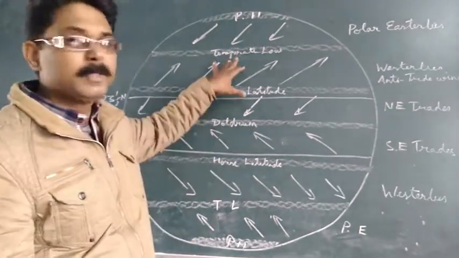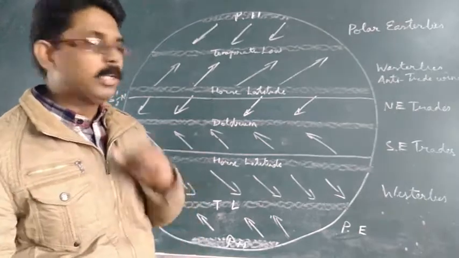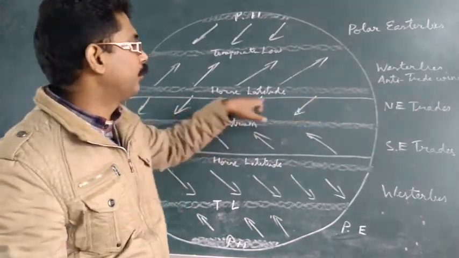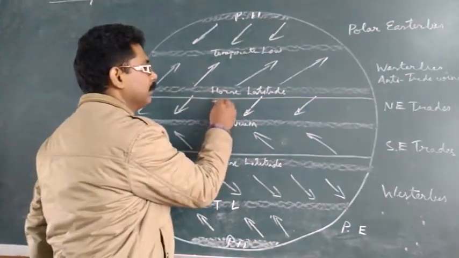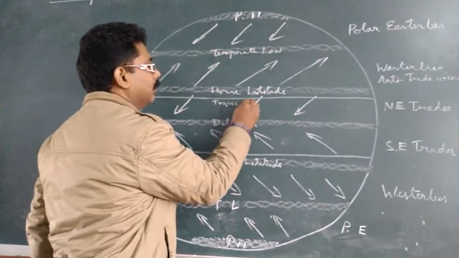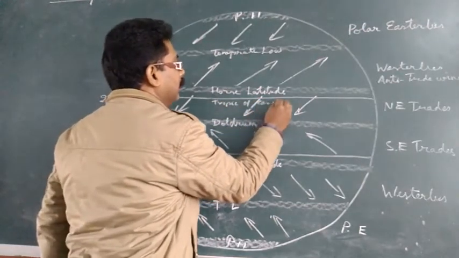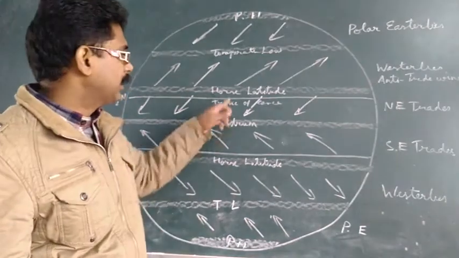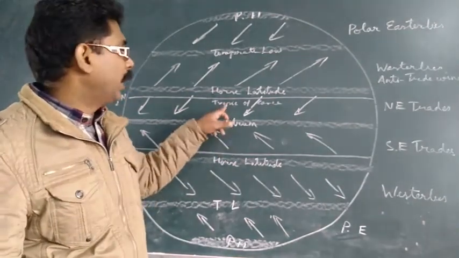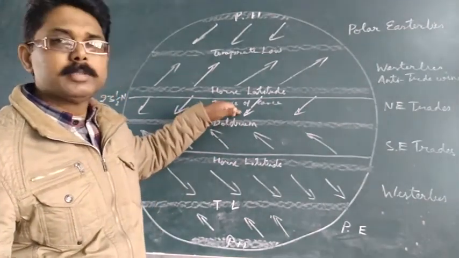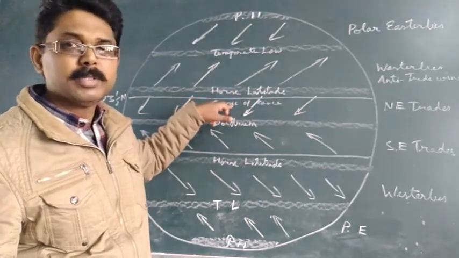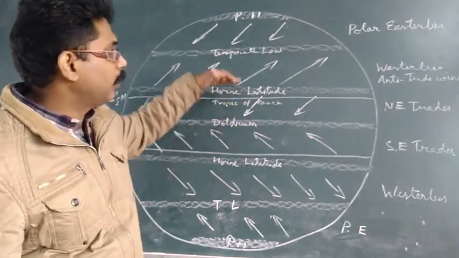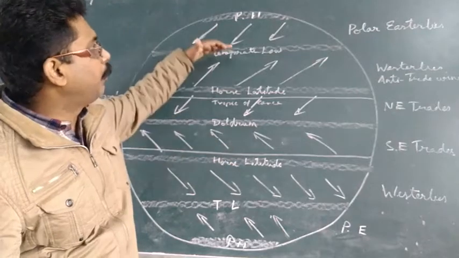When the northern hemisphere experiences summer, sun rays fall vertically on the Tropic of Cancer. This is why the doldrum shifts upward, because there is a high temperature. So with the doldrum, all the belts shift upward.